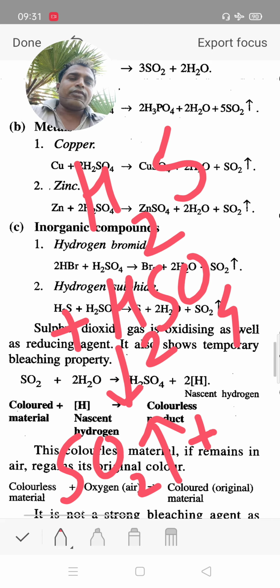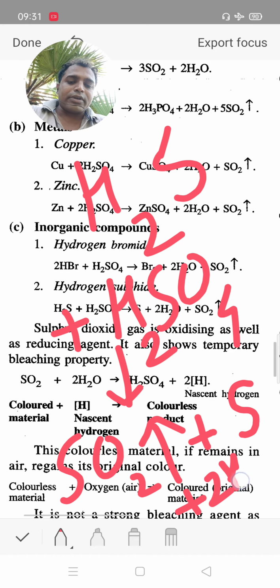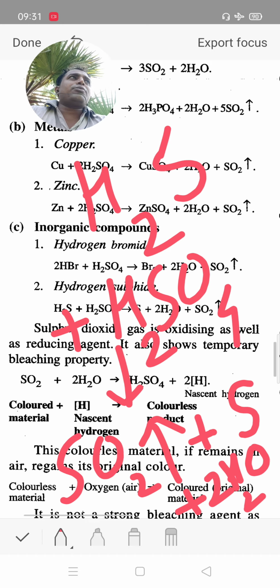In this reaction we get evolution of sulfur dioxide and sulfur, and 2 times water as a byproduct. This is sulfuric acid reacting with inorganic compounds. An inorganic compound like hydrogen bromide reacts with sulfuric acid and gives bromine, and sulfur dioxide evolves. When hydrogen sulfide reacts with sulfuric acid, it evolves sulfur dioxide and also gives sulfur.